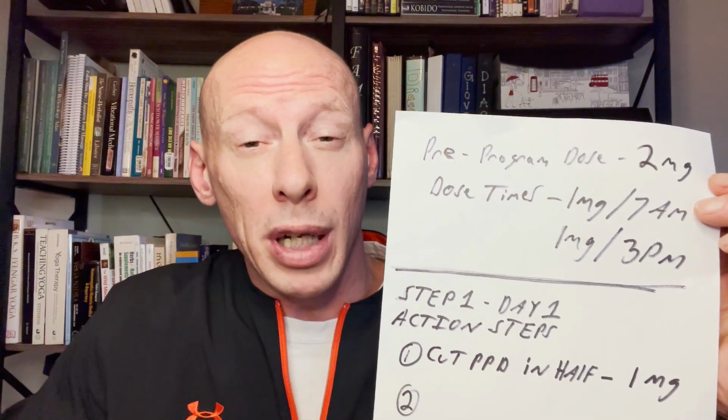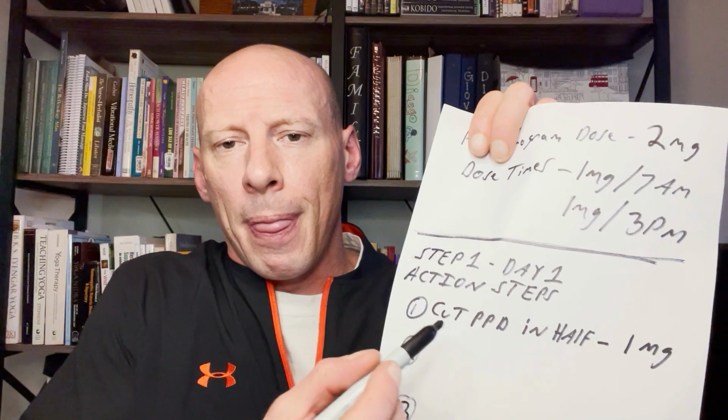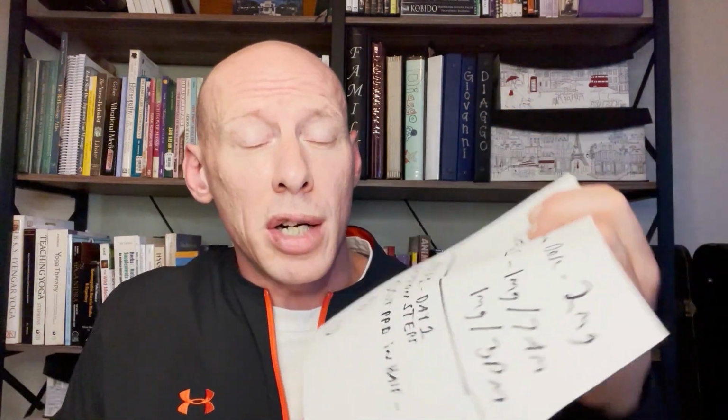I was taking 1 milligram at 7 a.m. and 1 milligram at 3 p.m. Now I'm still going to be taking a dose at 7 a.m. and 3 p.m., but I'm going to be cutting that in half. Underneath that first line, which is our daily dose, I'm going to put in my 2 different doses. If you had 3 different doses, you put in 3 different doses, all cut in half.